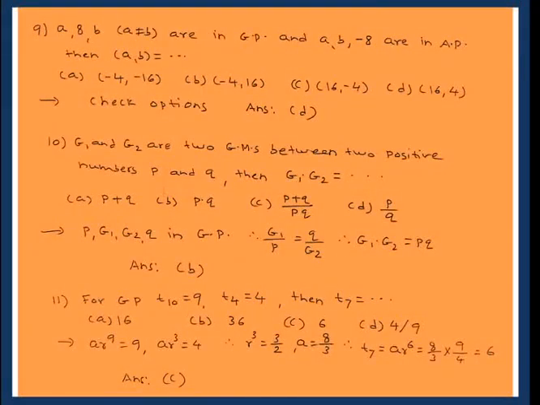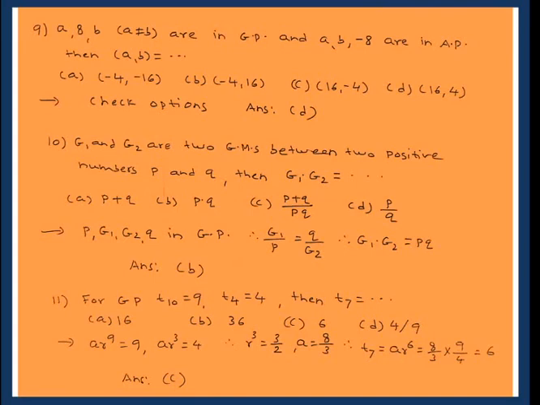Okay. The next one, a, 8, b, where a not equal to b, are in geometric progression, and a, b, minus 8 are in arithmetic progression. Then what are the values of a and b? You can use the standard method, which I usually call the Rajamanya method, that these three terms are in GP. So 8 square equal to ab.